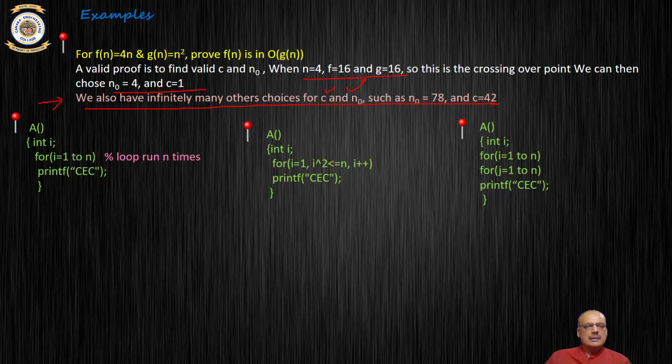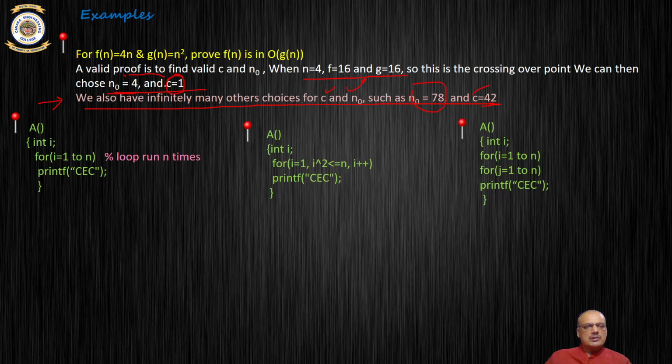For another example, one could have chosen c is equal to 42. In that case, instead of c is equal to 1, n naught actually becomes 78 instead of 4. So for some value of c, we try to find out n naught. That is how it is done.